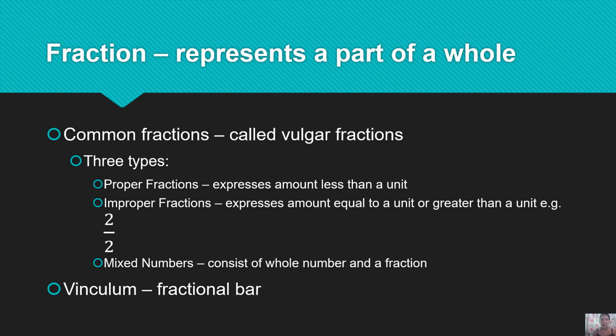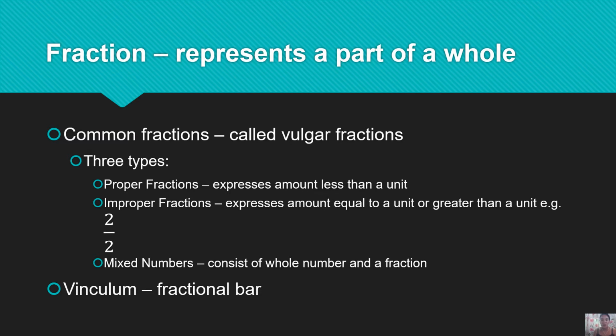So, in other words, as we learned before, an improper fraction is a fraction wherein the numerator is greater than the denominator. But today we learned that even if the numerator and denominator are equal, it's still an improper fraction.